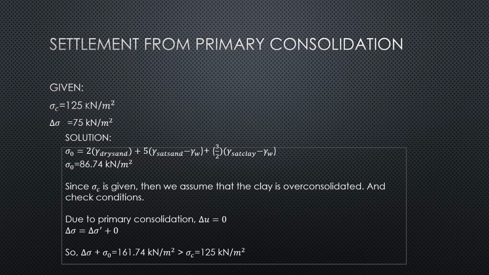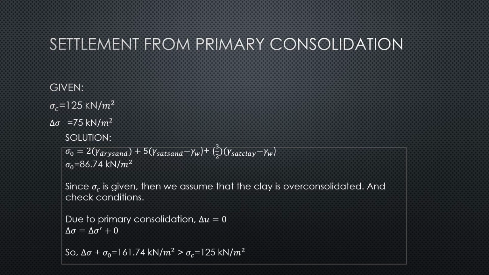For the average effective stress in our condition in the figure, there is the height of the dry sand times the unit weight of dry sand, plus the height of the saturated sand times the unit weight of saturated sand less the unit weight of water, plus 3 over 2, or the mid-height of the clay.